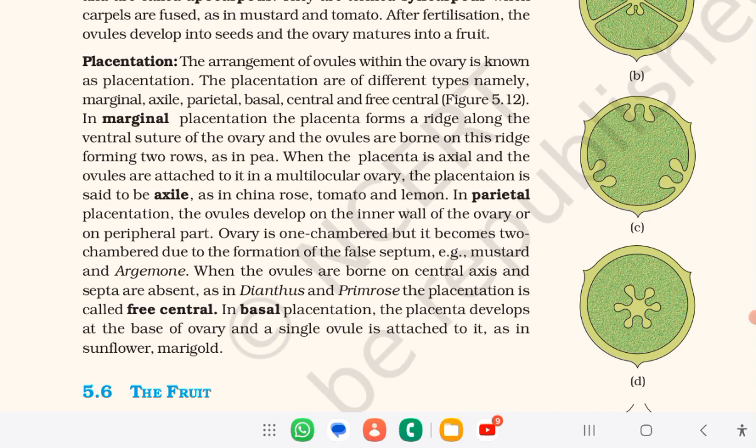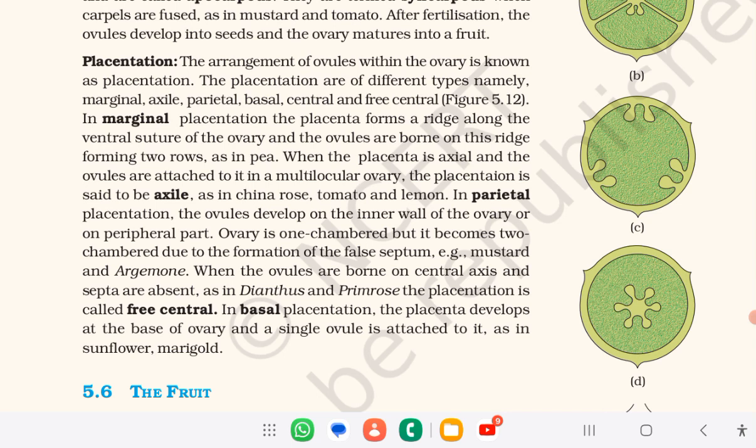In parietal placentation, the ovules develop on the inner wall of the ovary or on the peripheral part. Ovary is one-chambered, but it becomes two-chambered due to the formation of a false septum. For example, mustard and argemone.